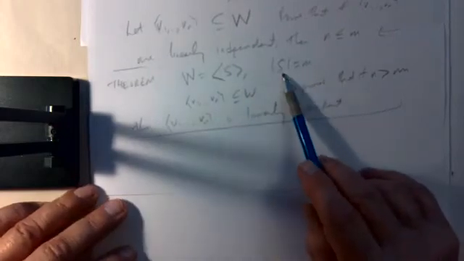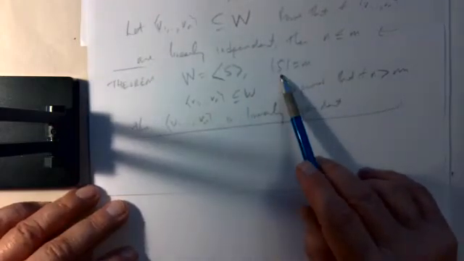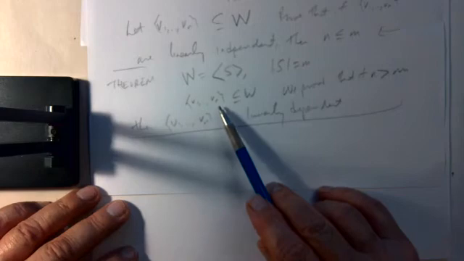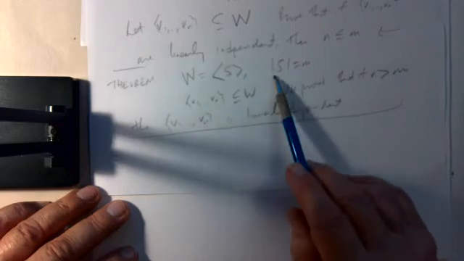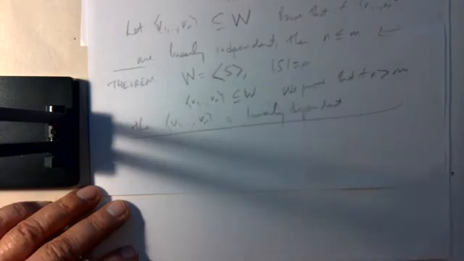So what I'm showing is that if you have m vectors that generate and n vectors in the subspace generated by these m vectors, then we want to prove these are linearly independent.